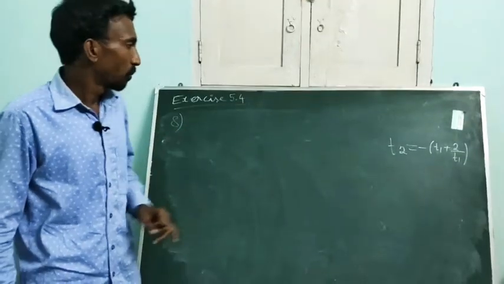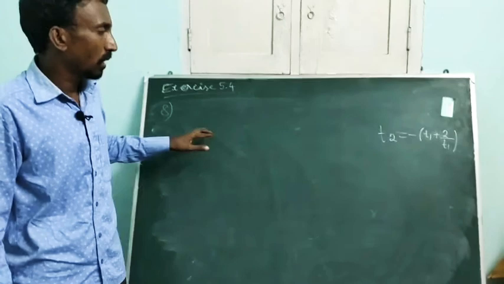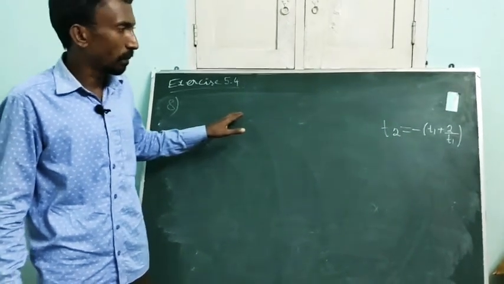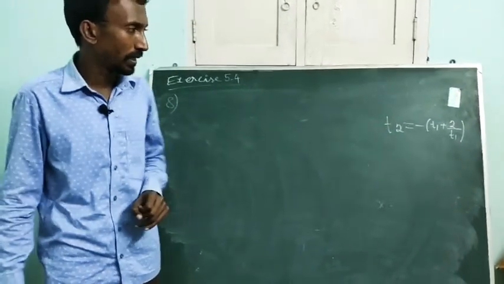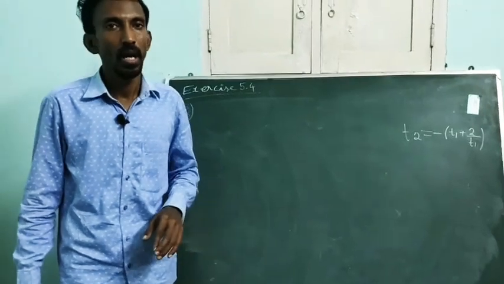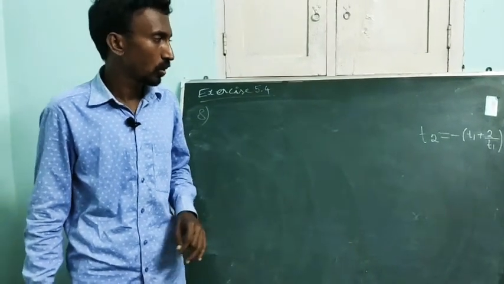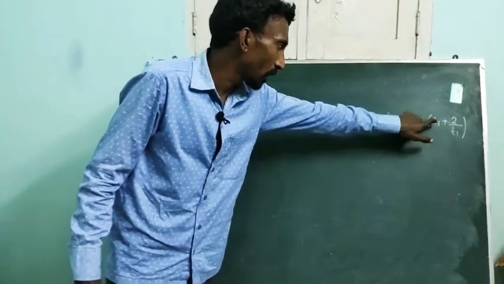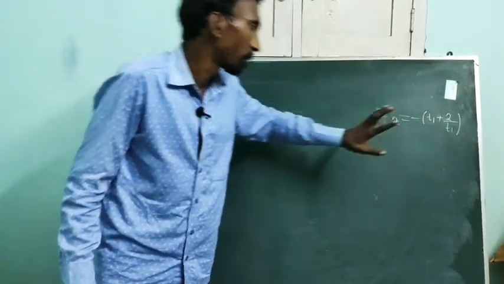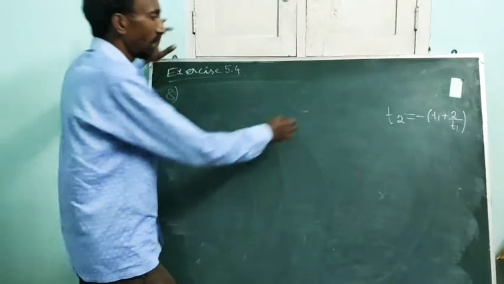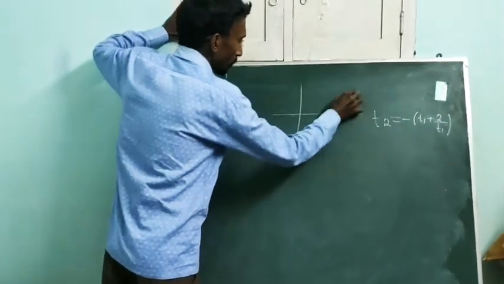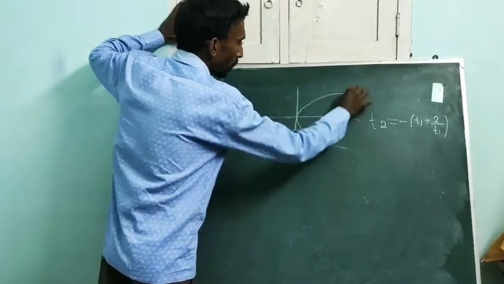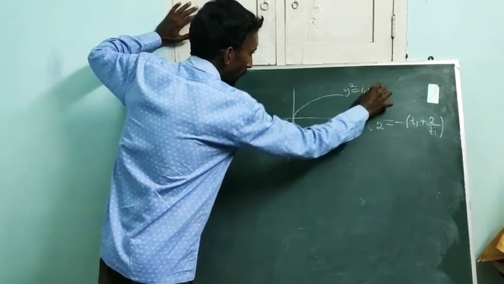Question number 8. Prove that the normal at t1 of a parabola y square equal to 4ax meets the curve again at t2. Then prove that t2 equal to minus of t1 plus 2 by t1. That is our aim. So again I am drawing the curve. It is y square equal to 4ax, parabola open rightward.